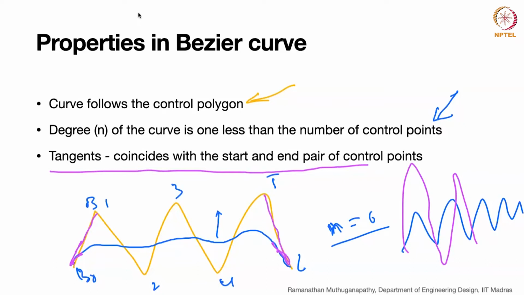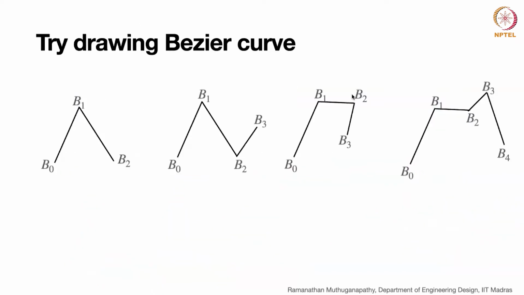Now guys, all of you hopefully have a pen and paper with you. Can you draw the Bezier curve for these control polygons? Each one is a different polygon. Take a minute, or maybe it won't take that much. Are all of you ready with your pen and paper?